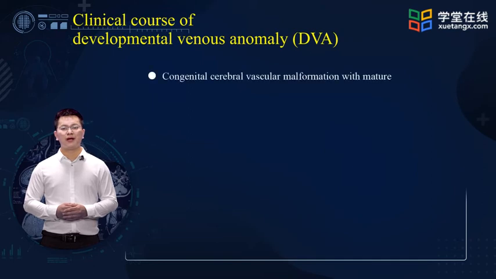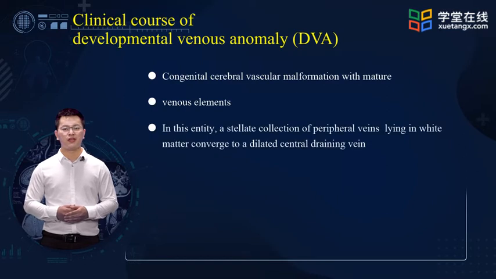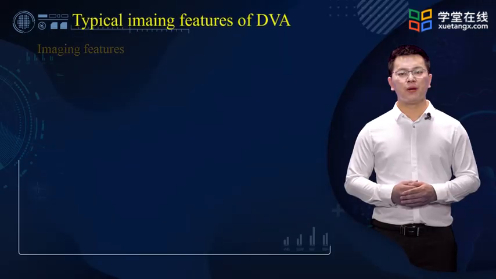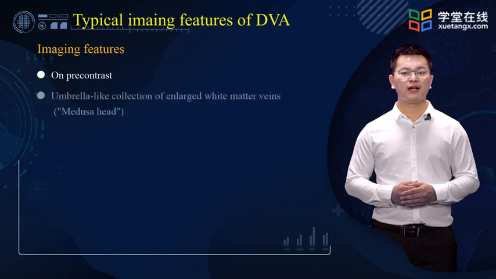Developmental venous anomaly is a congenital cerebral vascular malformation with mature venous elements. In this condition, a collection of peripheral veins lined up in white matter converge to a dilated central draining vein. Patients can be asymptomatic or present with headaches. Imaging features include an umbrella-like collection of enlarged white matter veins, the medusa head.